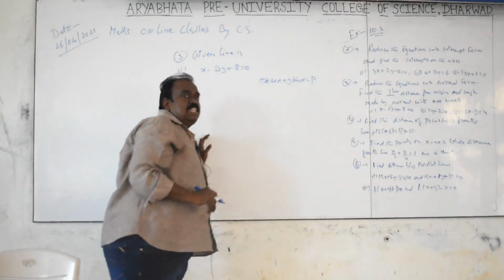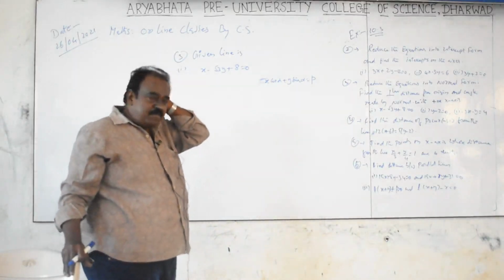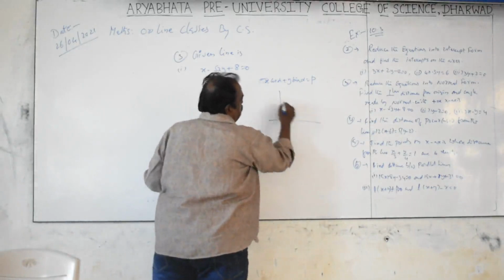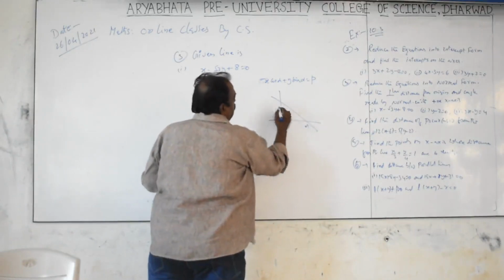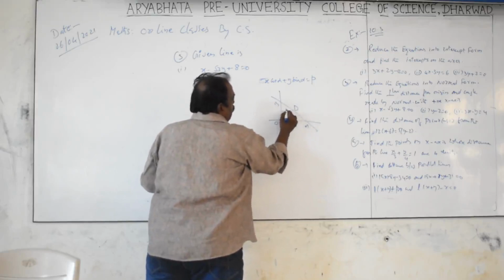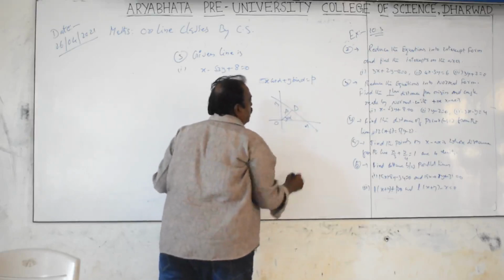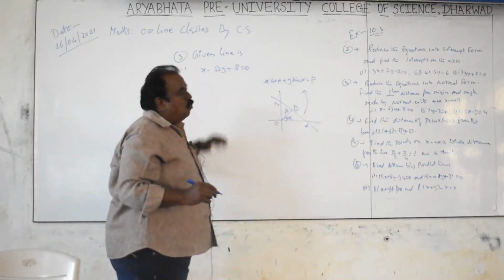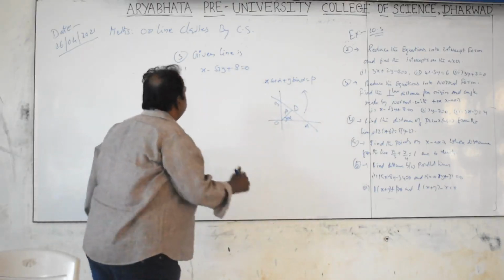Okay? That is the normal form. Normal form means the diagram is like this one: the origin O, the foot D, OD is small p, this is alpha. This equation is x cos alpha plus y sin alpha.